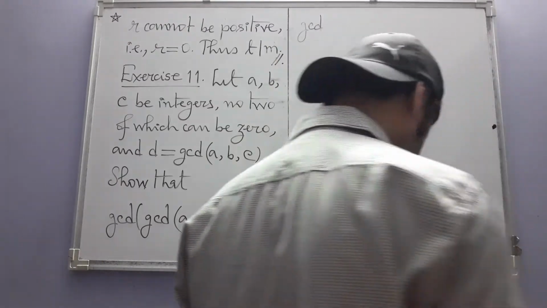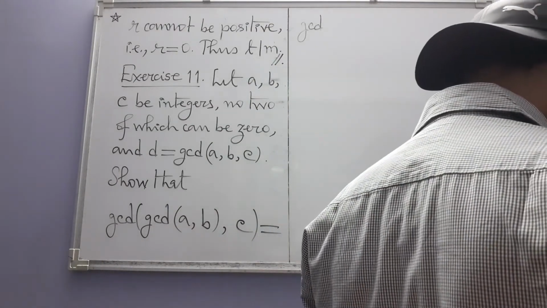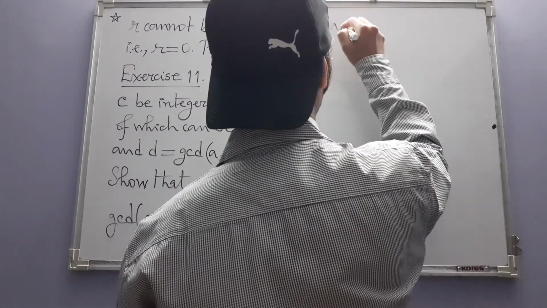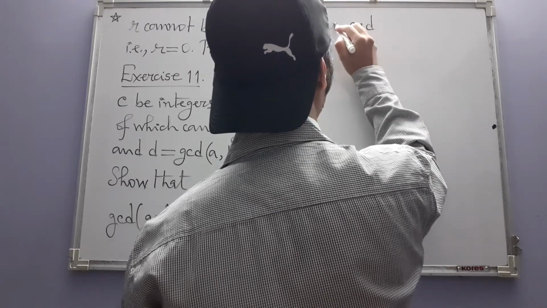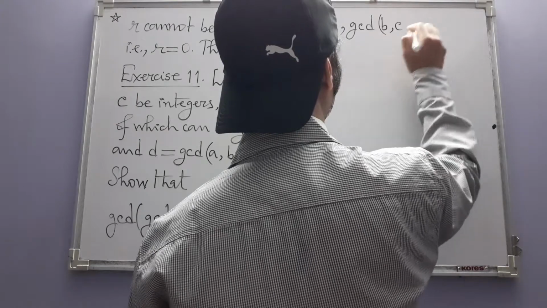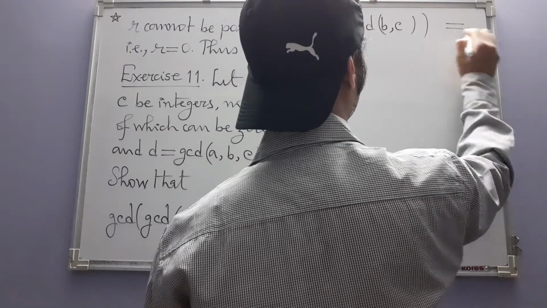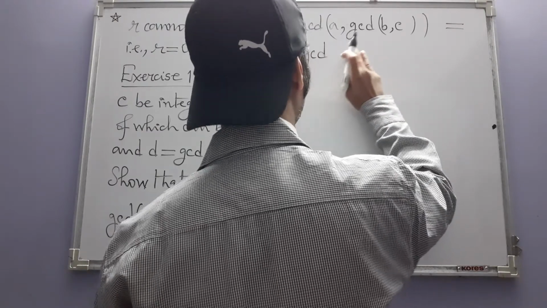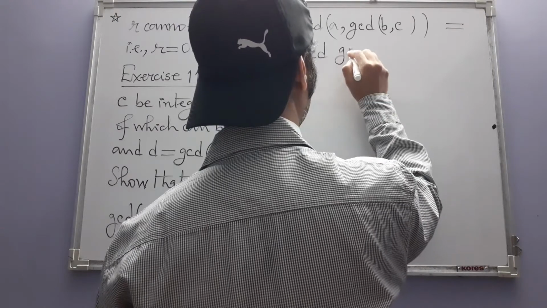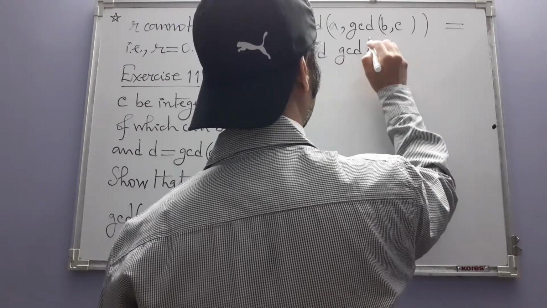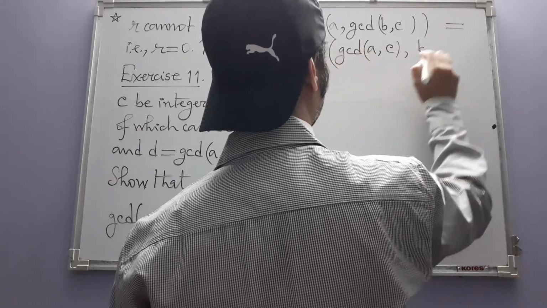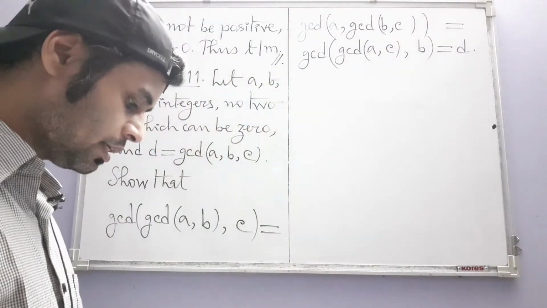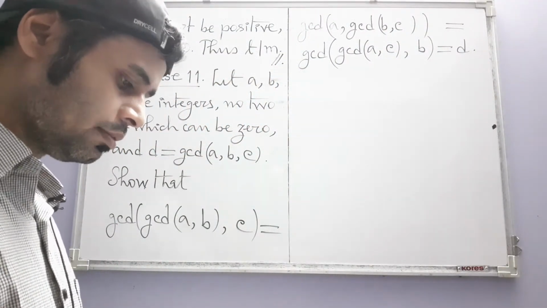Okay, GCD, what is this next one? Oh, so they have taken B and C together, A and GCD of B and C, which is equal to the GCD of A and C and B, and that is equal to D. That is equal to D, which however I don't see here.